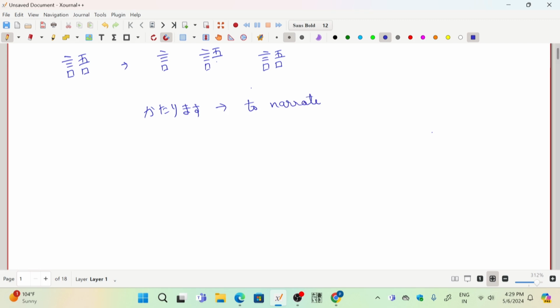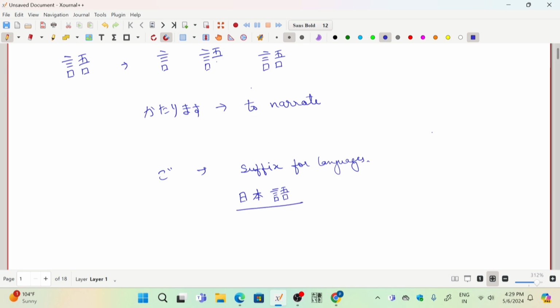Another reading is go, which is also the suffix for languages. Suppose we want to say Japanese language, we say Nihongo.